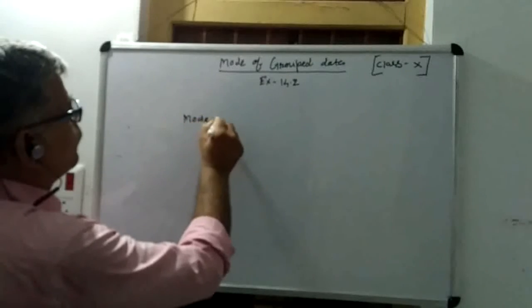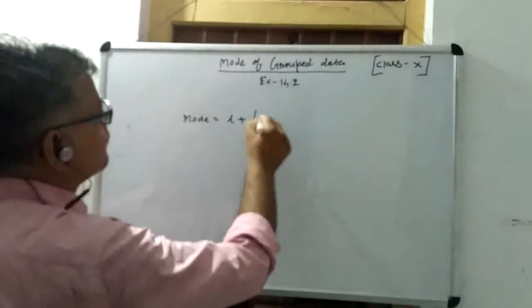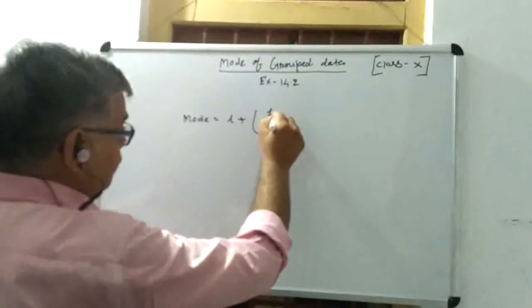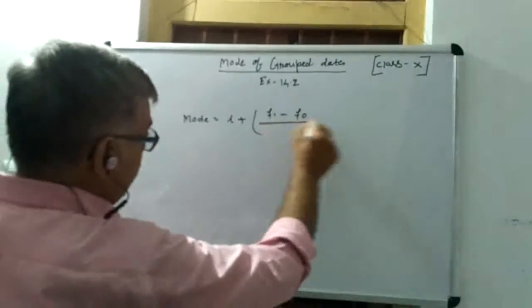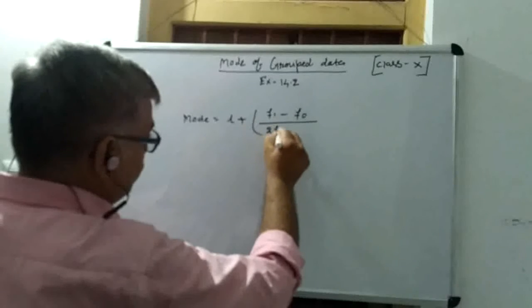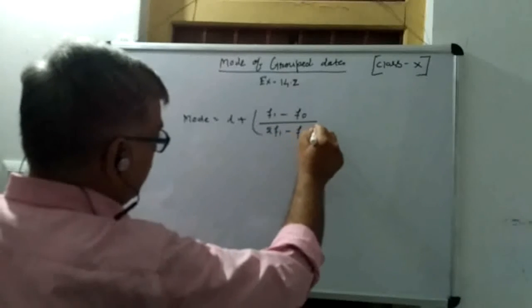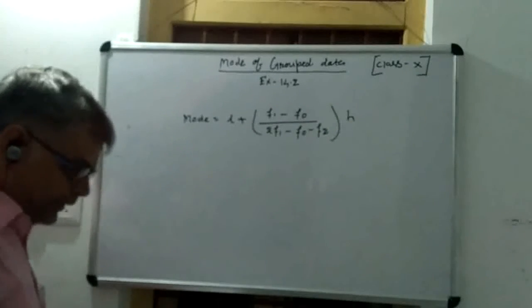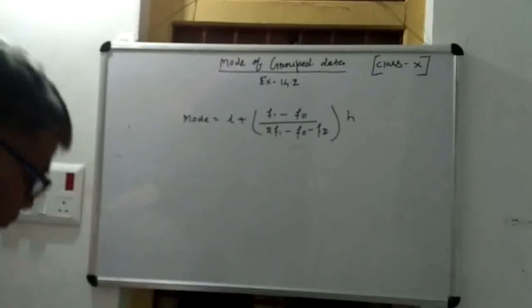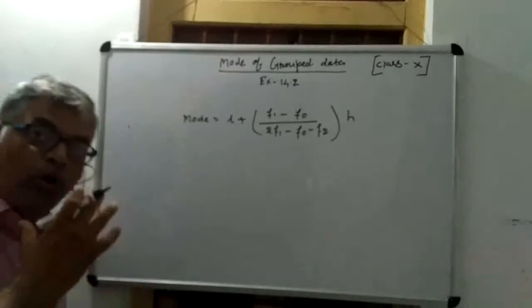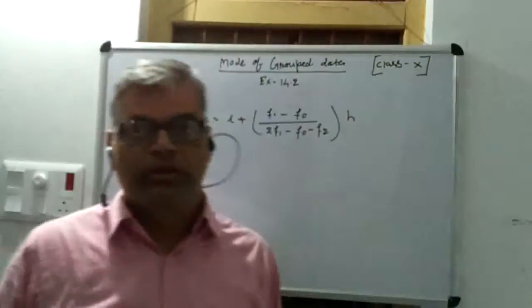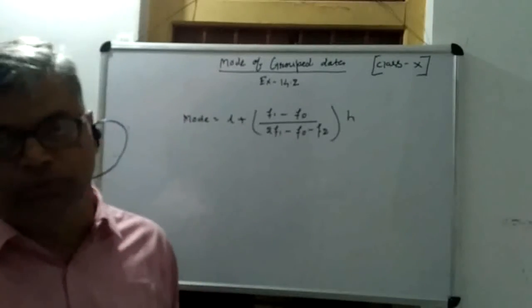Mode equals L plus (F1 minus F0) divided by (2F1 minus F0 minus F2), into H. This is the formula for the mode of grouped data. We will calculate the mode by using this formula.